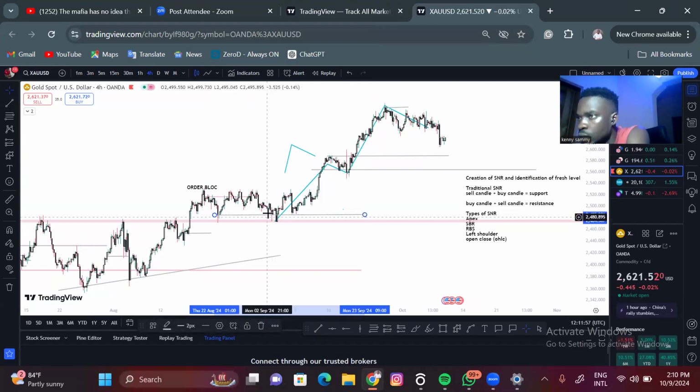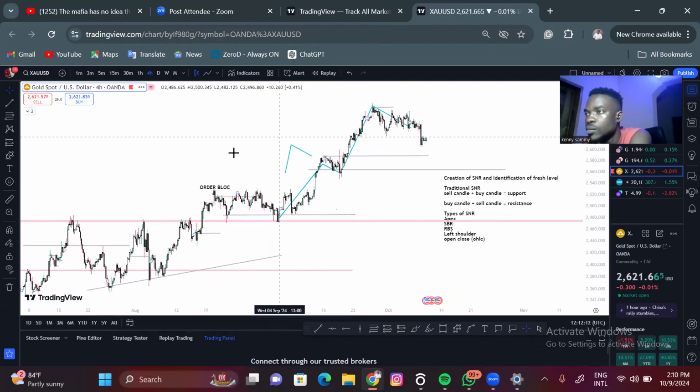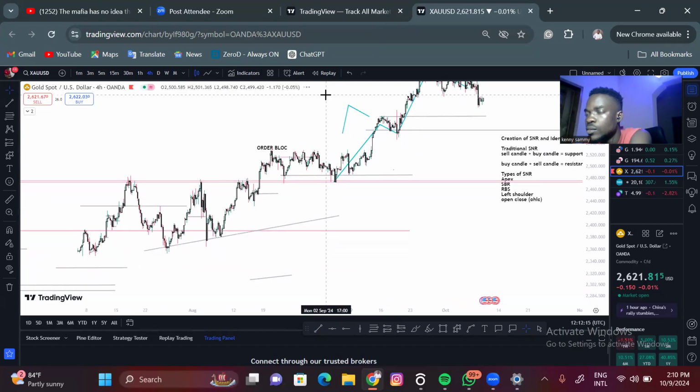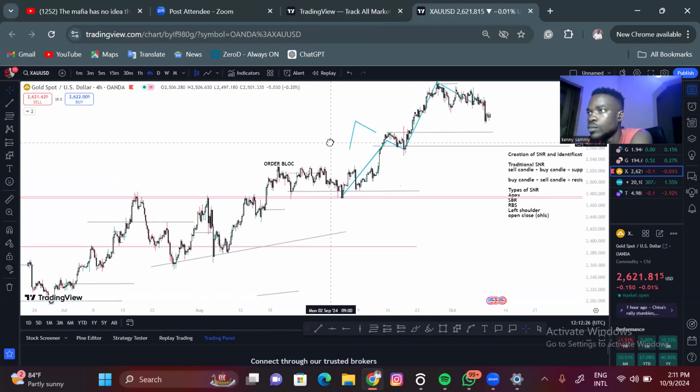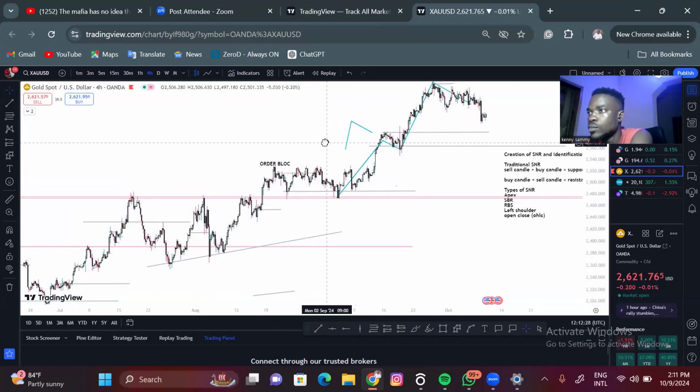Okay, it was initially respected here, but when the market came, it broke it. Oh, sorry, this is not SBR. This is a mistake. This is what we call left shoulder, not SBR. Let me look for a better example of SBR, support break turn resistance.